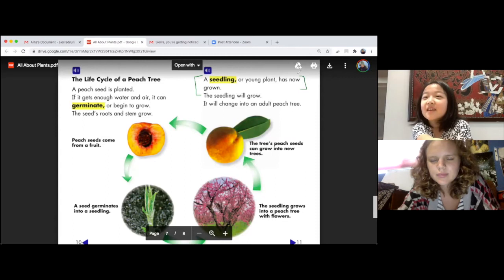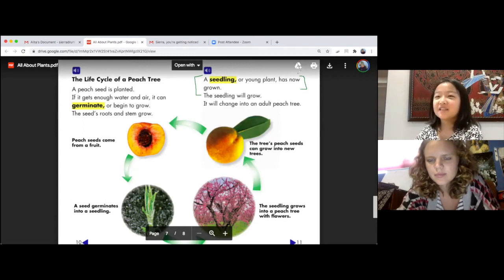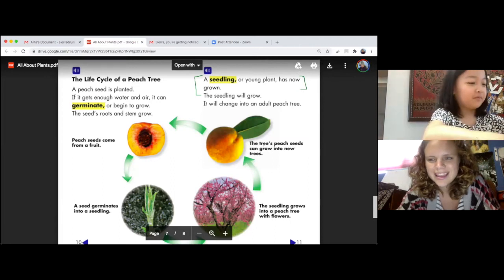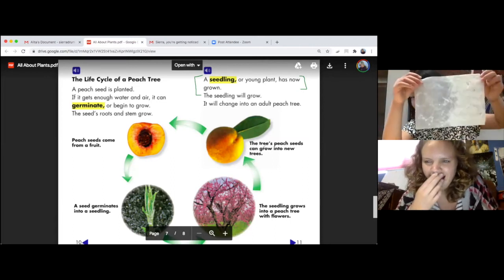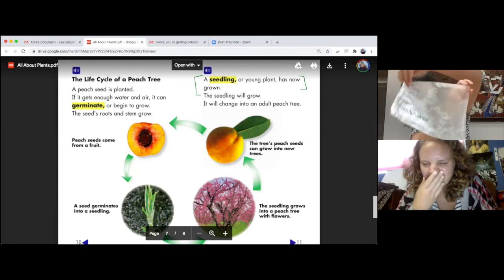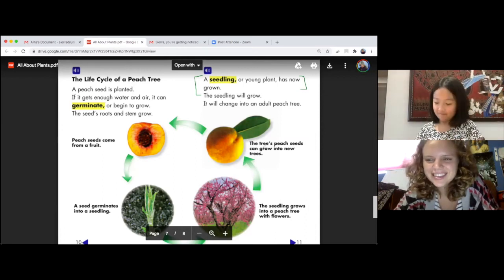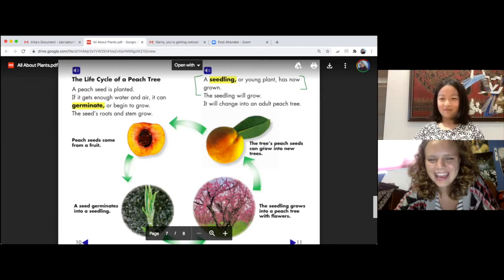A seedling is a young plant has now grown. Well, and I have a trouble. Oh no. Again. You have to put it somewhere dry. Yeah, but still. Okay, well that's okay.